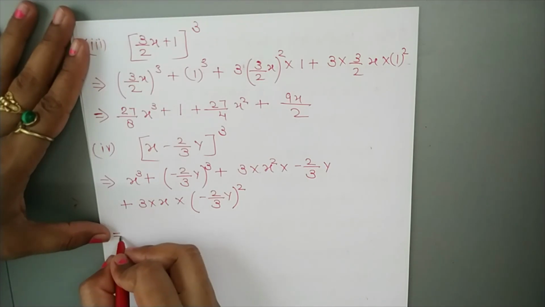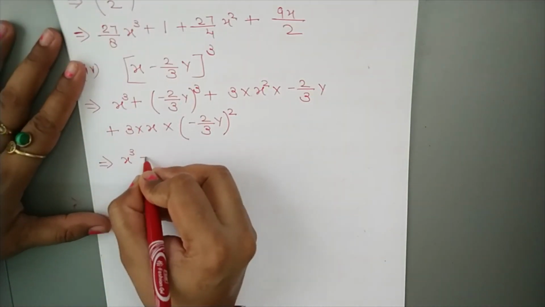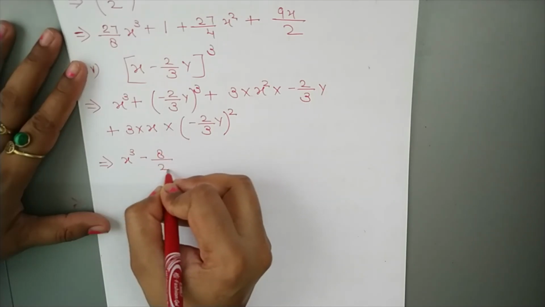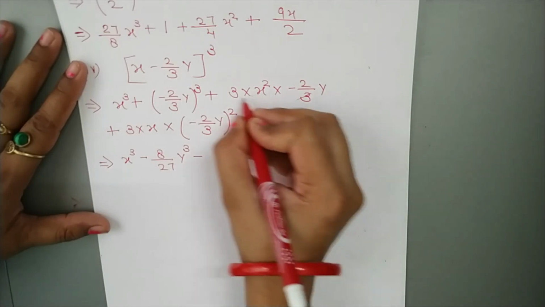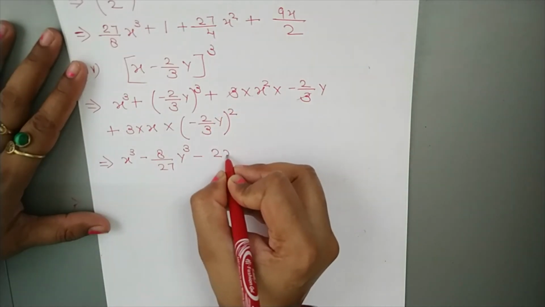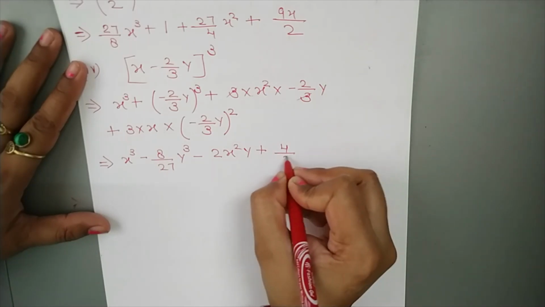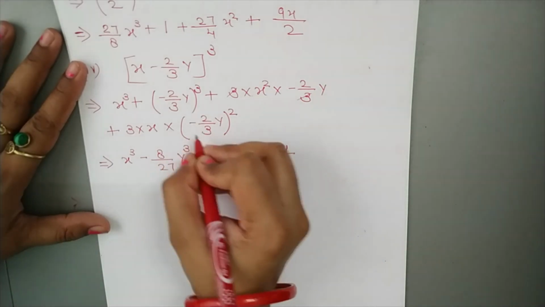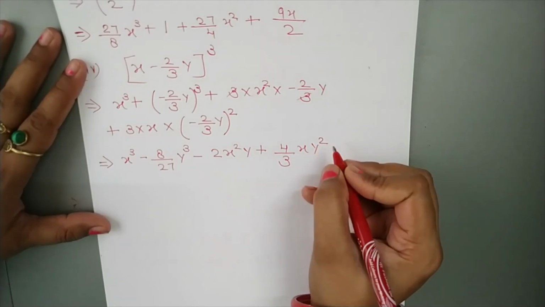So the final result will be x cube minus 8 upon 27 y cube minus, this will be cancelled, so minus 2x square y plus 4 upon 3, because it will be positive, so 4 upon 3 x y square.